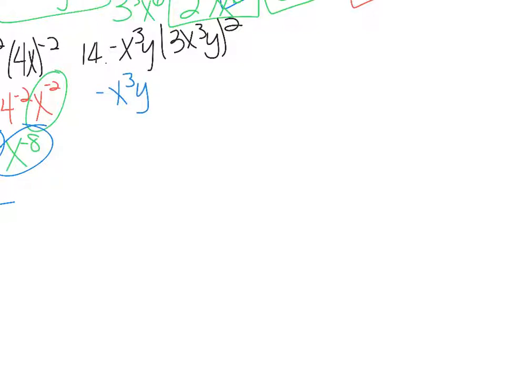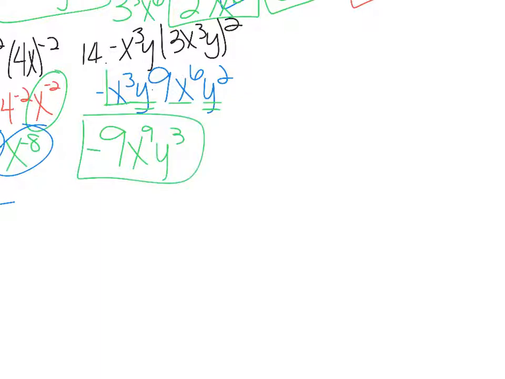But the second one, I need to square everything that's in there. 3 squared is 9, x cubed squared is x to the 6th, and then I have y squared. Okay, now we did this yesterday a little bit. There's actually a 1 in front of that negative sign, so when you take negative 1 times 9, my coefficient's going to be negative 9. X cubed times x to the 6th should be x to the 9th. Y times y squared is y cubed.